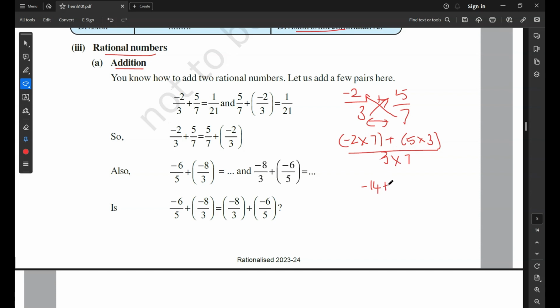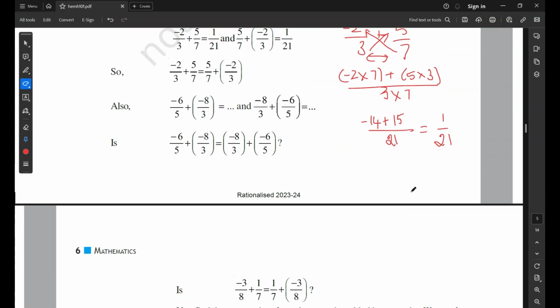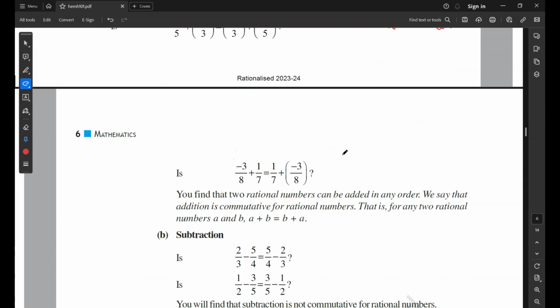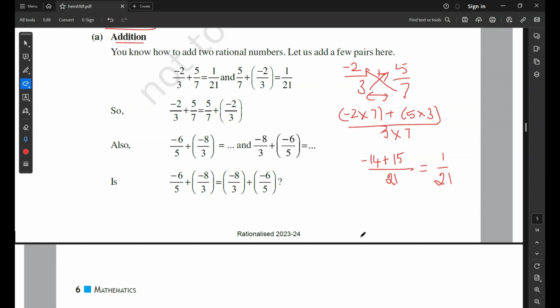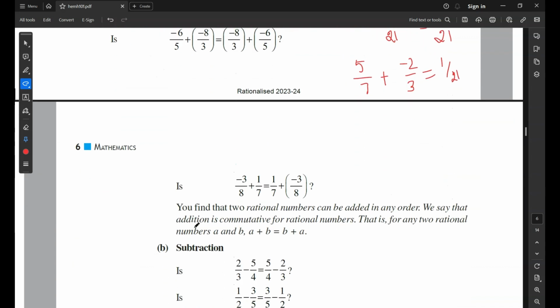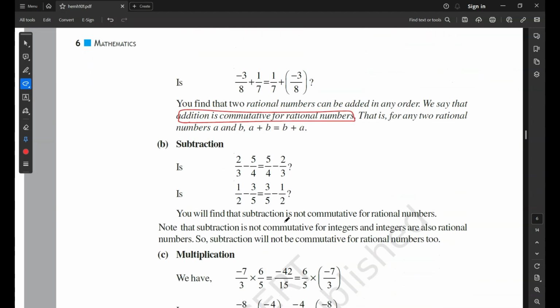Then plus 5 into 3 is 15. And 3 into 7 is 21. So minus 14 plus 15 is 1, divided by 21. This is how you find the addition of two rational numbers. If we add in the other order, 5 by 7 plus minus 2 by 3, we get the same answer, 1 by 21. So we can say that addition is commutative for rational numbers.